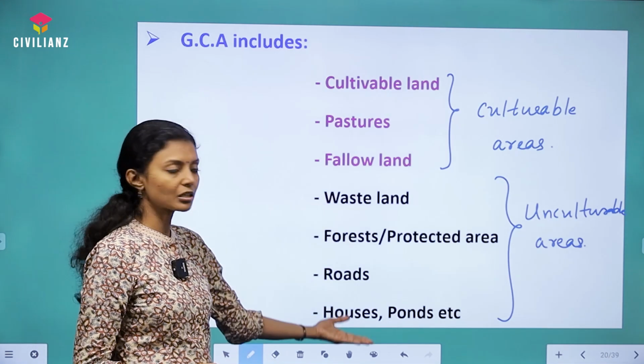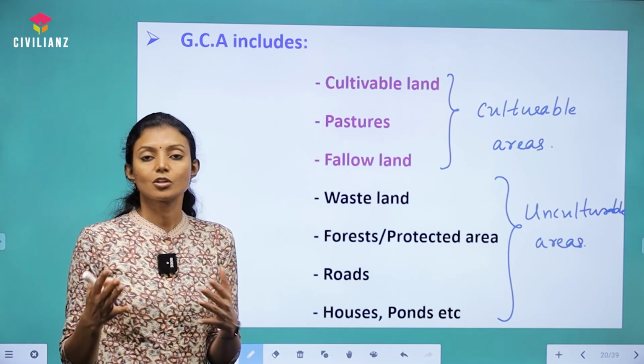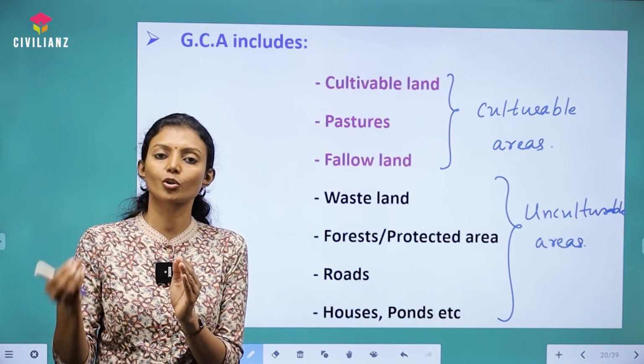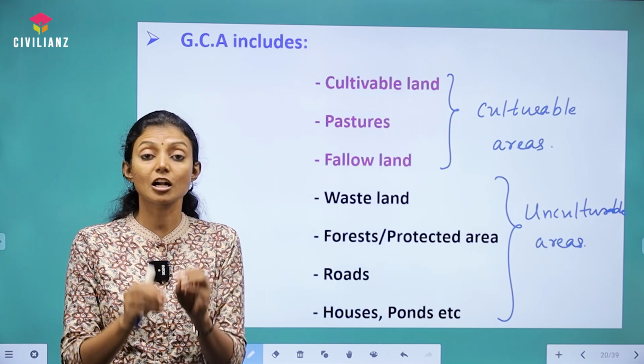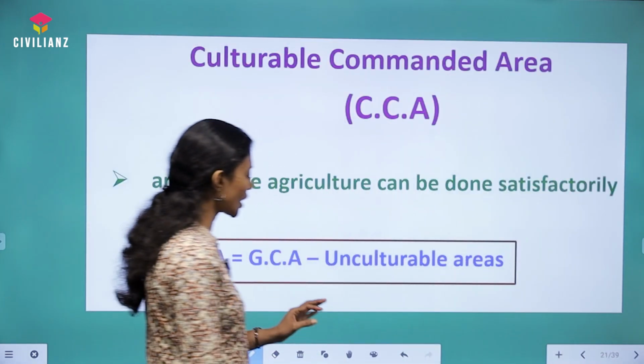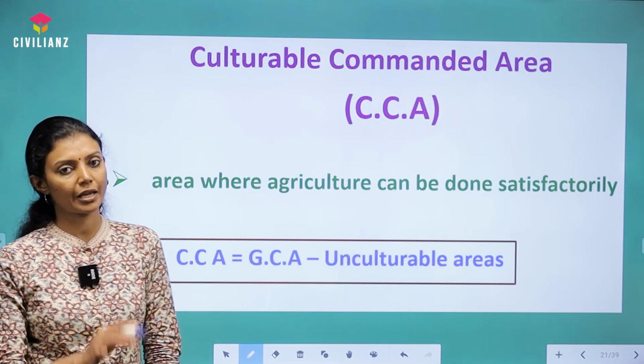Definitely you cannot cultivate on wasteland or forest or houses or roads or ponds. So the area where you can grow crops is known as culturable commanded area, and the equation is CCA is equal to GCA minus unculturable areas.